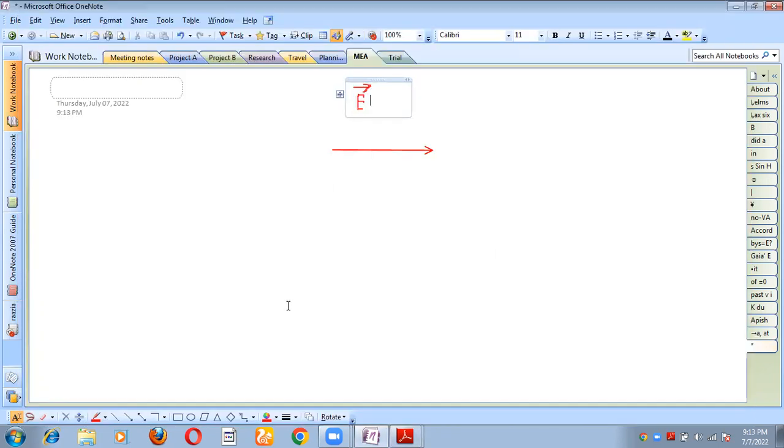So we have a line which is making an angle of 60 degree. This direction is along x-axis, and the electric field is along this x direction.